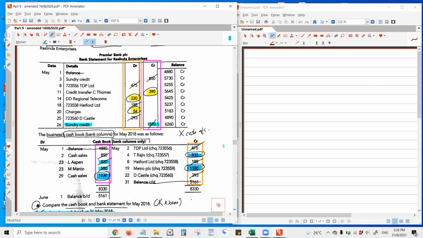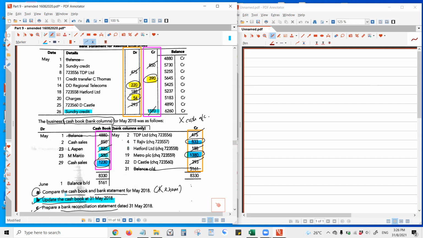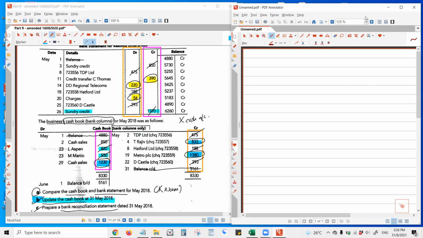Which group of numbers do you think you are going to use to do the updating, to do the part B? The yellow or the dark blue one? You're not sure? You just have to know what you want to achieve in part B. Part B, you want to update the cash book.